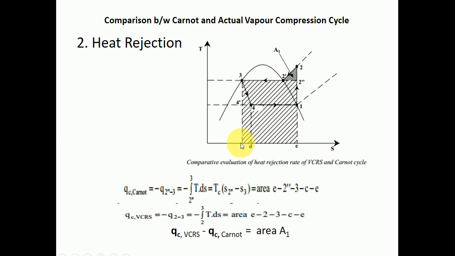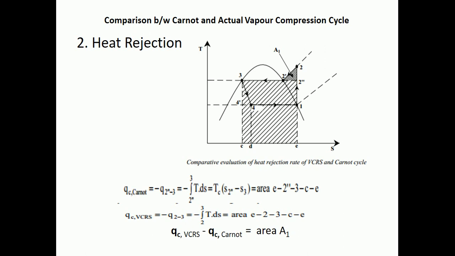So here you can see that Q rejection is more, because here area 1 is adding to it. What we are saying is that the rejection of heat in the Carnot cycle is less compared to the actual cycle.